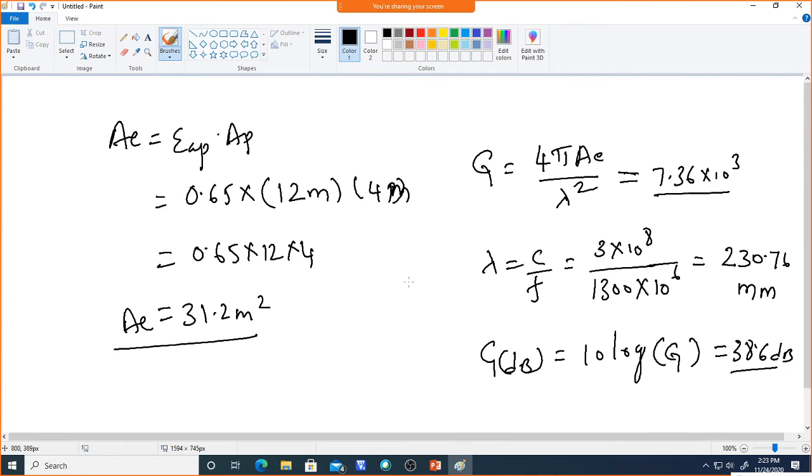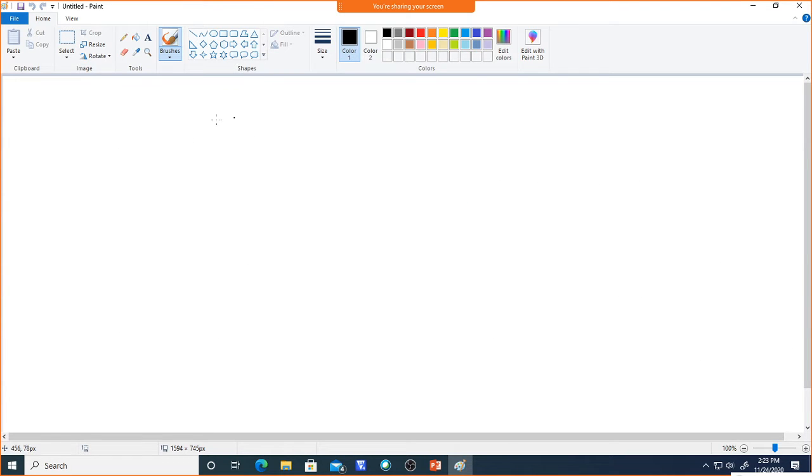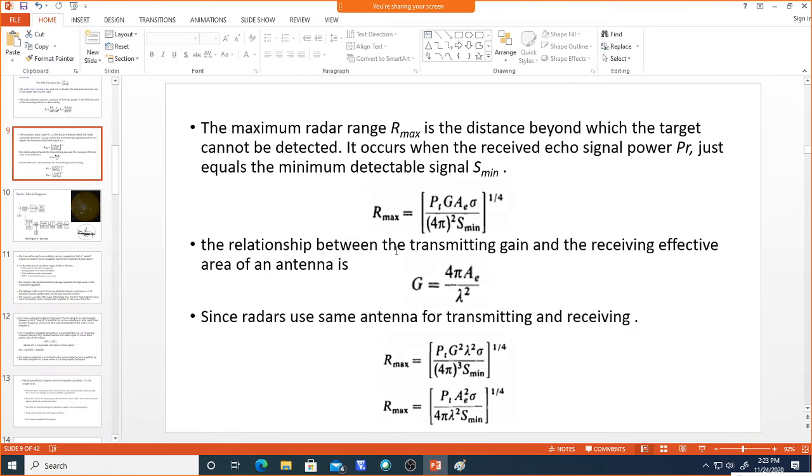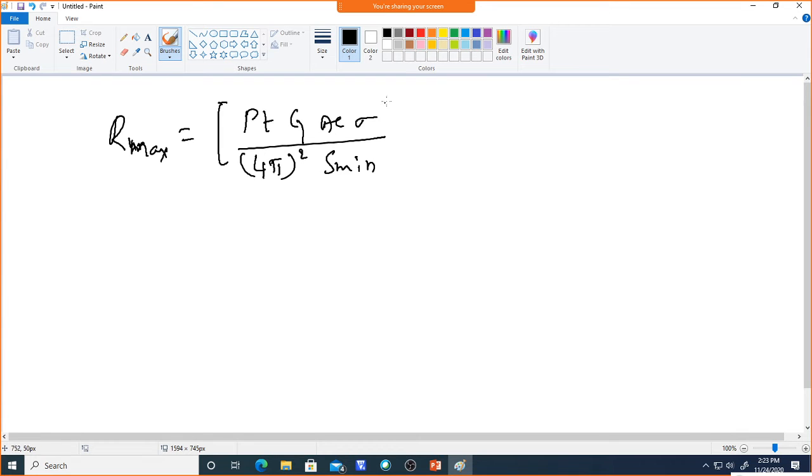Now the radar equation: R unambiguous, that is the maximum range we can get from the target, is given by Pt into G AE sigma divided by 4 pi square into the minimum detectable signal, whole power 1 by 4, right?